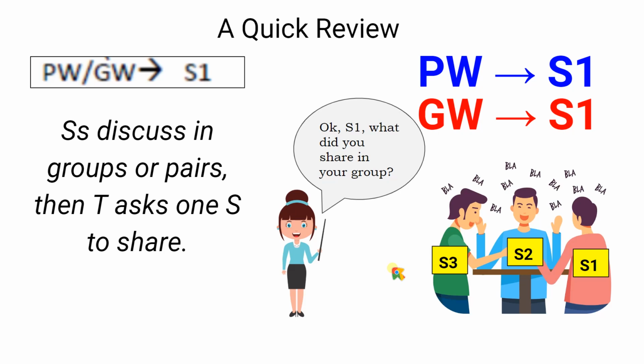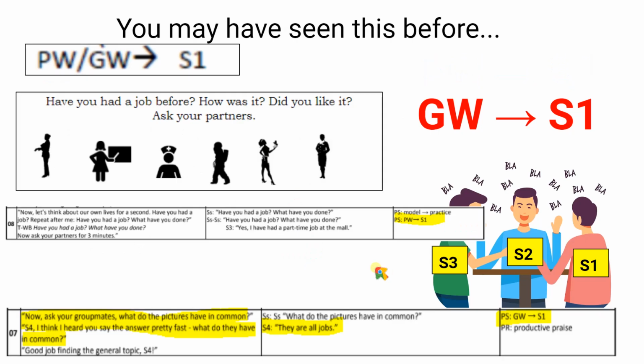This will get them speaking in a more comfortable environment than asking them immediately to share with the whole class. Okay, so this is very helpful. Give them a little bit of time to rehearse with their groups.